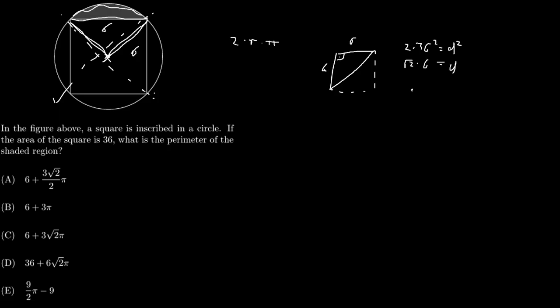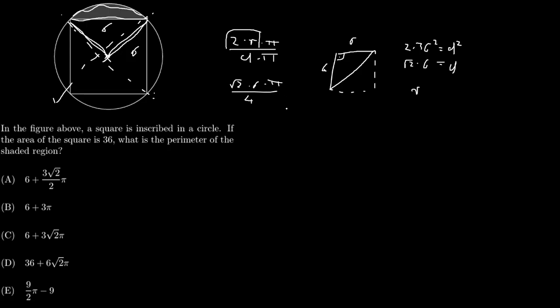And we are interested in 2 times the radius, which is just the diameter. So that's very good. The circumference of the circle would be the square root of 2 times 6 times pi. And we are interested in the fourth of that, so we just divide by 4.